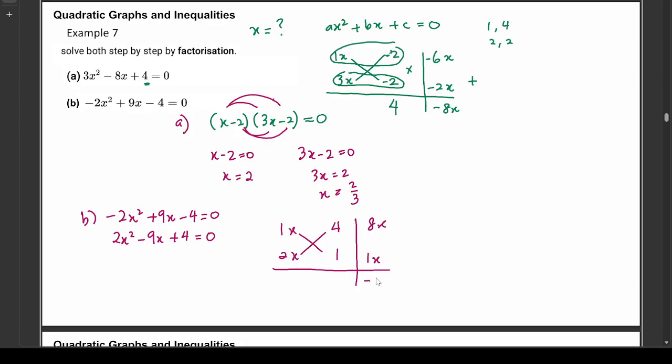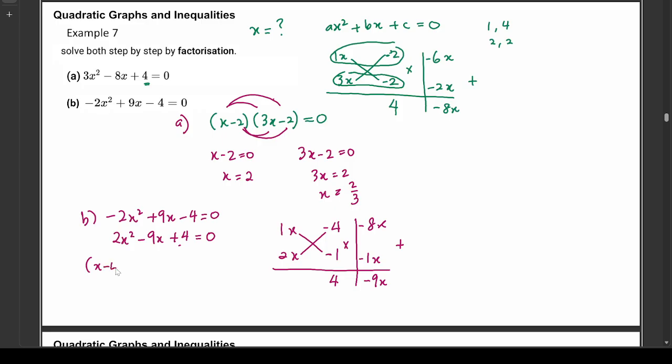And I need to get negative 9x here, which means this one has to be negative 8, this one is negative 1, which means this one has to be negative 4, and this one has to be negative 1. Negative 4, negative 1, if I multiply, I will get 4, which is correct. You see, my C is positive 4, correct. If I total up this, I get negative 9, which means my B is correct. That means this is my answer.